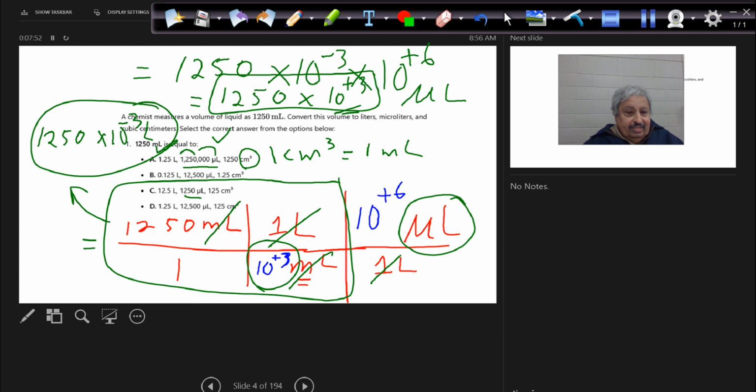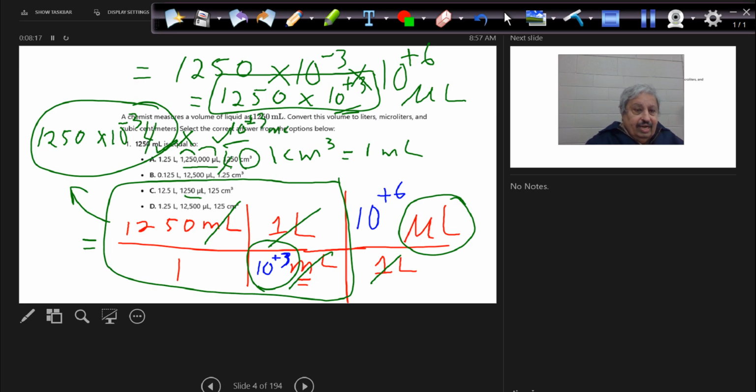And for the milliliters, what will happen if I want to transfer this one to milliliters? So 1 liter is 1 milliliter. This is liter, correct? So 1 liter here at the bottom, liter cancels out, and then 10 plus 3 milliliters, correct?